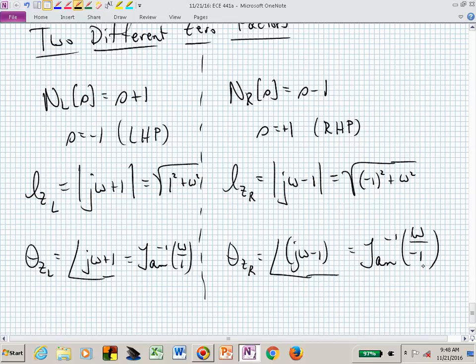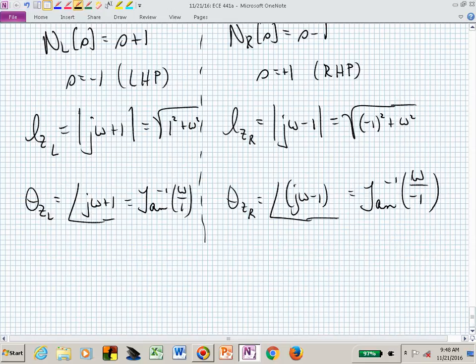Oh, I had a -1 in the denominator. Oh, now they know that that's something bigger than 90 degrees. Some calculators will still just give you the acute angle and they'll say it's negative. So you have to be careful about what your calculator may or may not be producing. This is now the minimum phase piece or factor, and this side is the non-minimum phase.